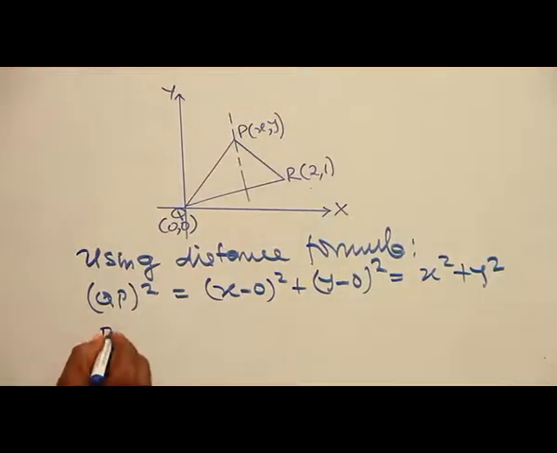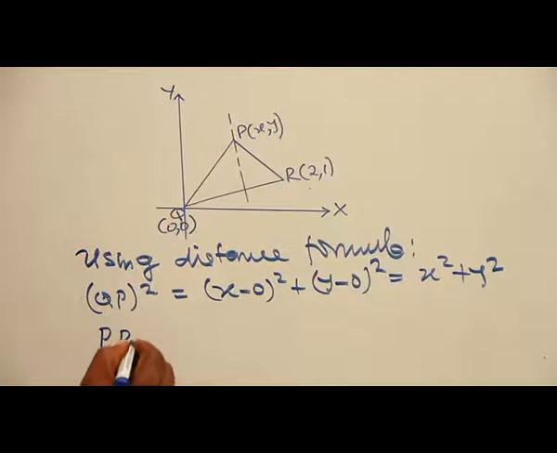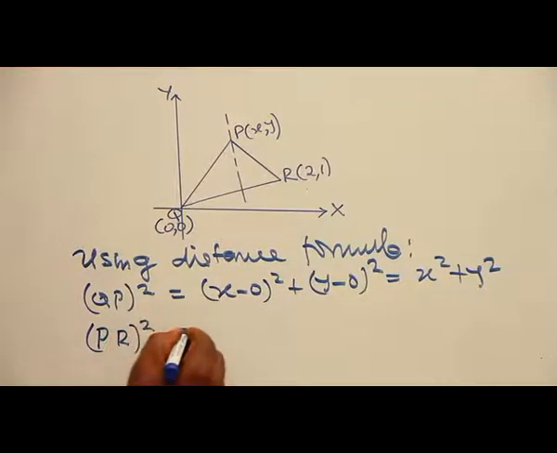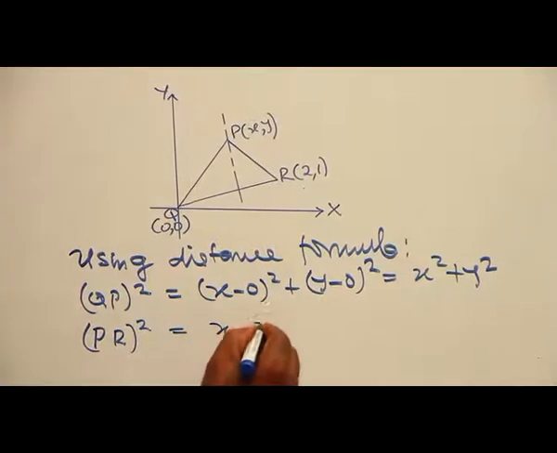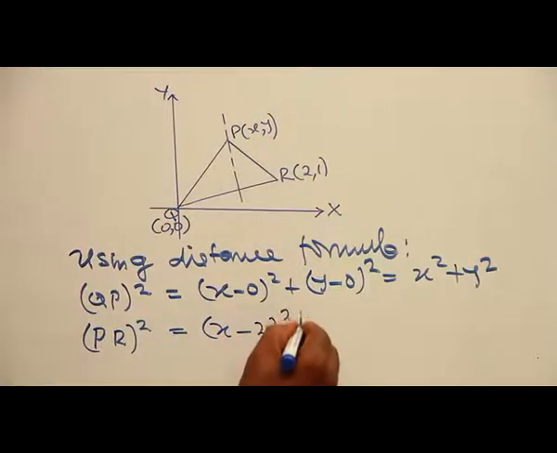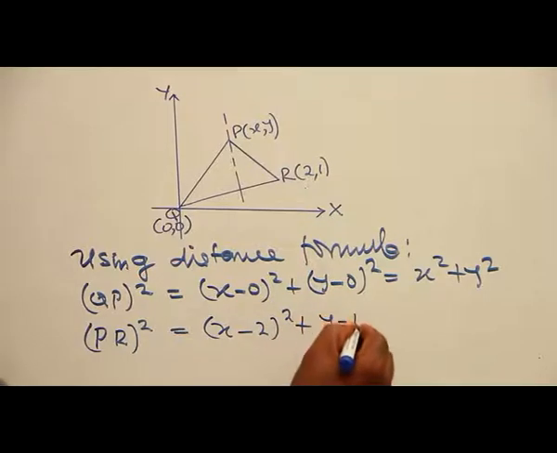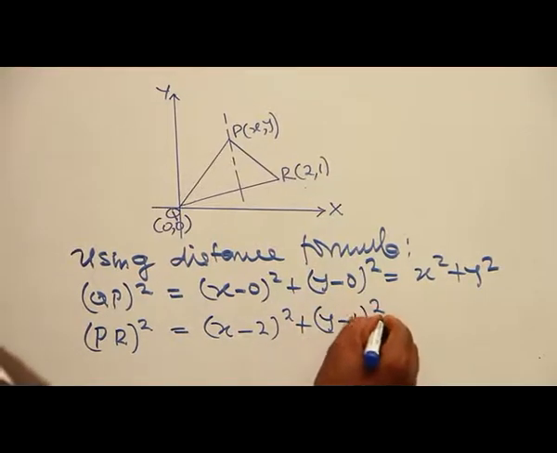Then you also consider your PR squared using the distance formula, and that is x minus 2 squared plus y minus 1 also squared.